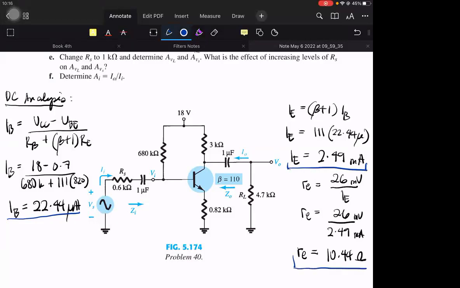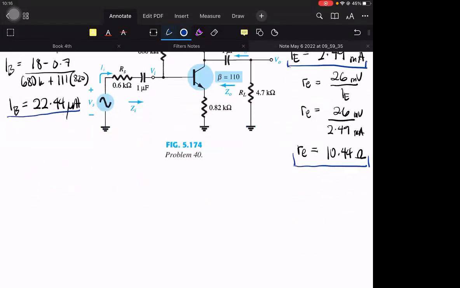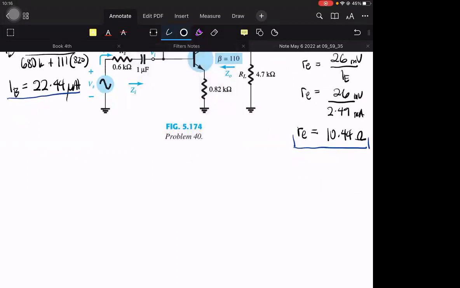I think we're ready for our AC analysis. Zi is RB parallel ZB, where ZB is beta re plus beta plus 1 RE. Let me check the formula again. Oh, unbypassed.